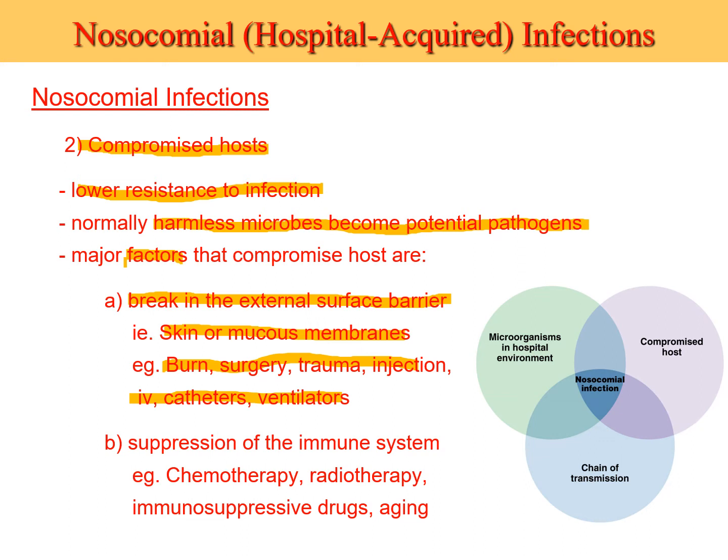The other thing, of course, is suppression of the immune system, immunosuppression, and that can occur with all of these things. I'm not going to just read it out to you, and you can look at it.